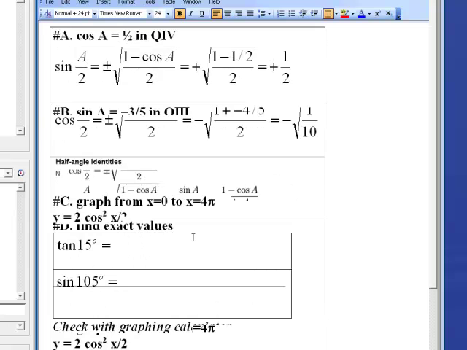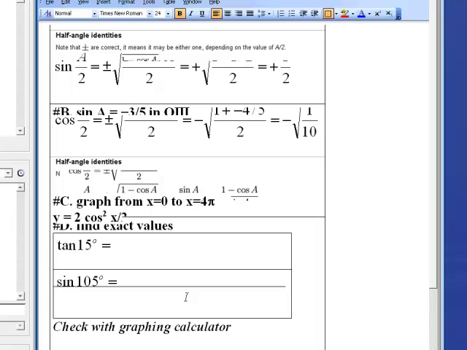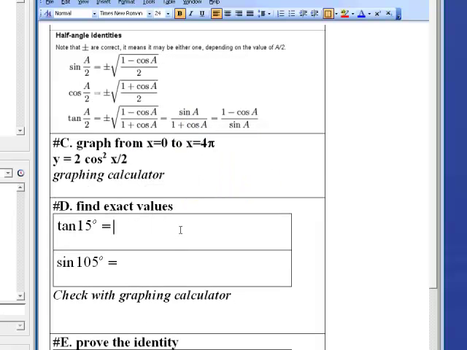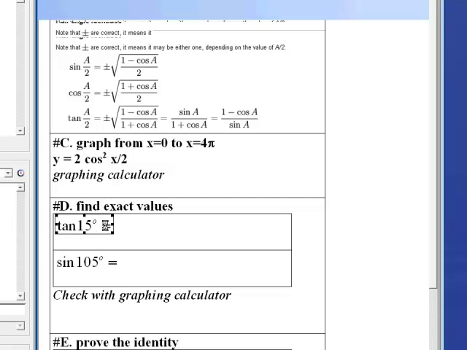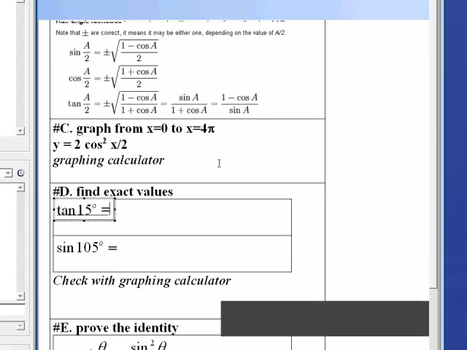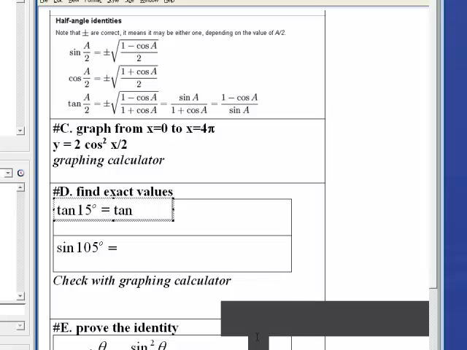Find exact values for tangent 15 degrees. Pretty much looks like I need an equation editor here, so I'll be accessing that. Tangent 15 degrees, well, it's going to be tangent of A over 2.